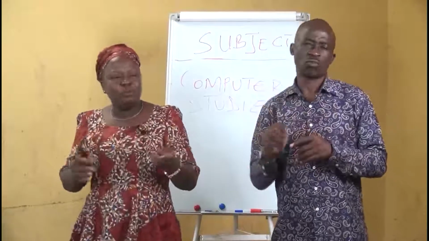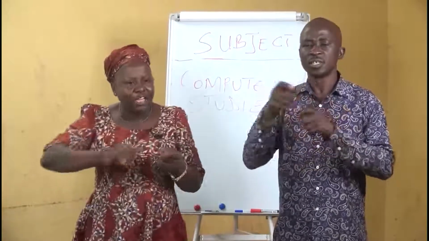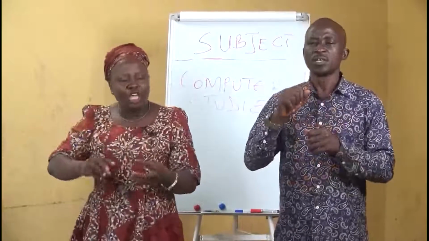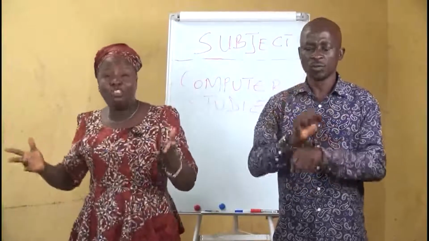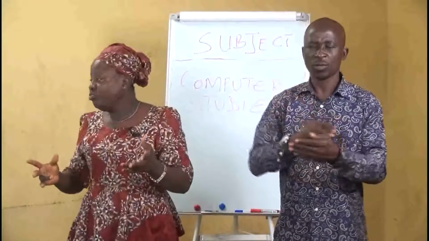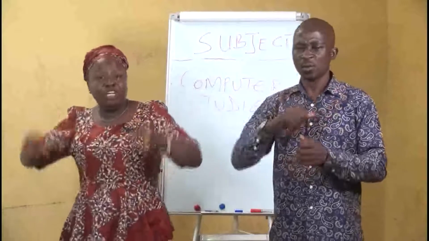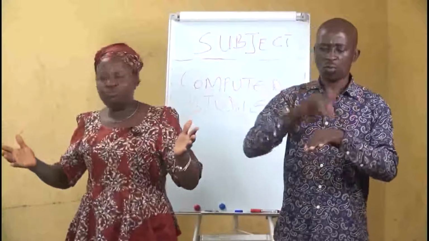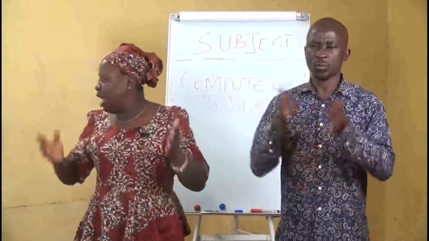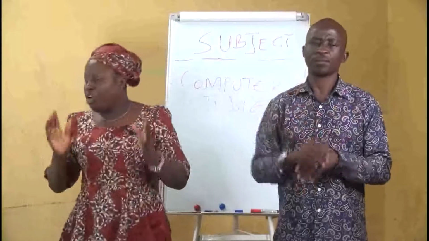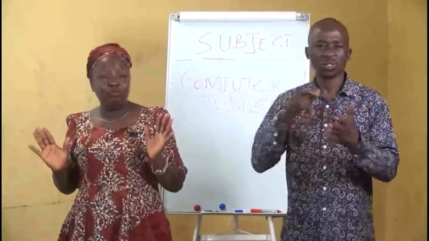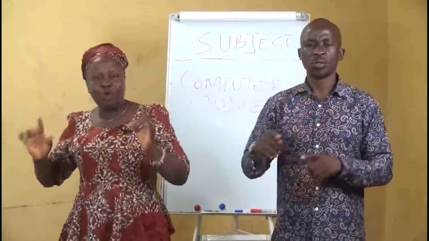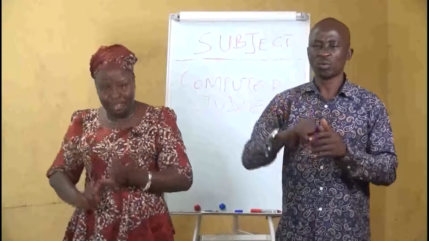Meaning that your operating system is in charge of the affairs of your computer system. And operating system is the first one that will come up whenever you run your system. So it is the first loaded on the computer. Without the operating system, a computer is useless. Your computer is useless when there is no existence of an operating system.